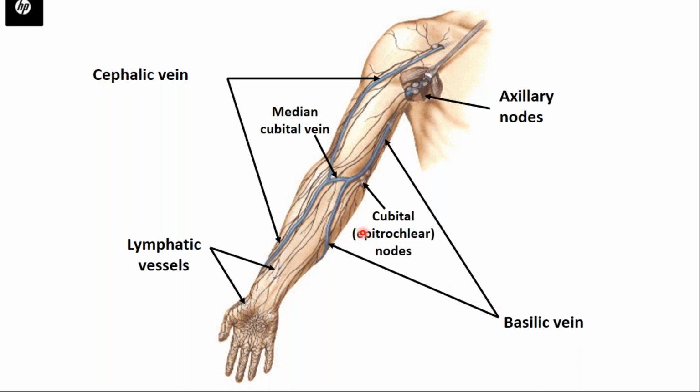The epitrochlear lymph nodes are near the cubital region, that is, near the elbow.